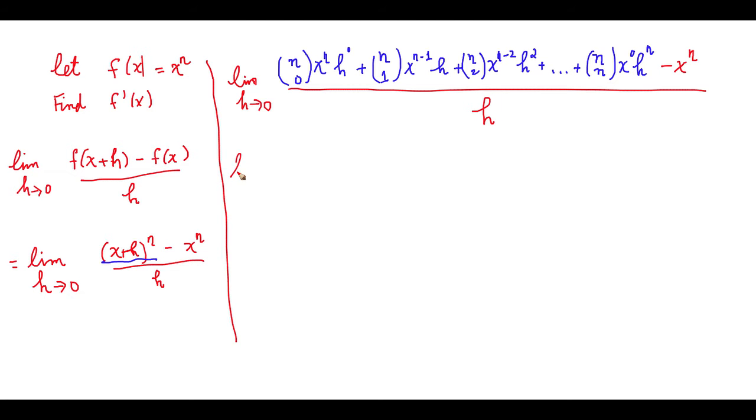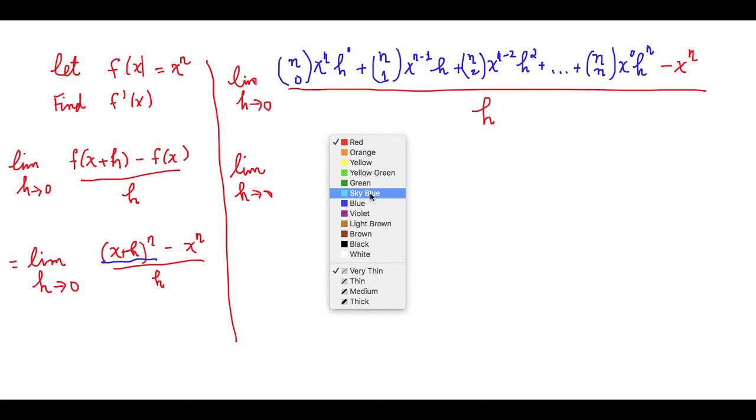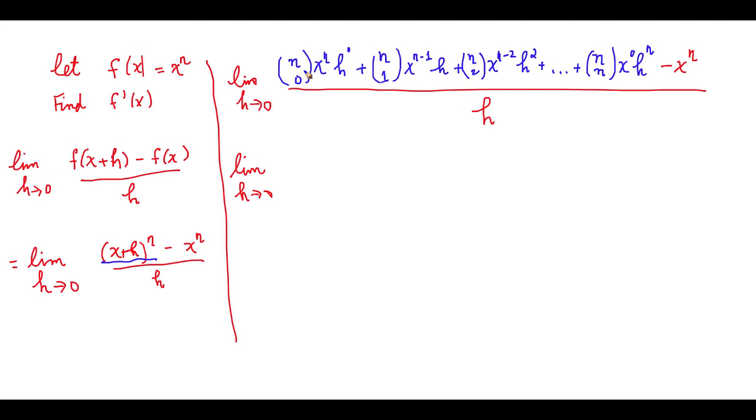Now, let me just continue and expand and simplify some things wherever I can. So all of this stuff here, n choose 0 is just 1, x to the n is x to the n, h to the 0 is just 1, plus n choose 1 is just n. This is x to the n minus 1 times h, plus n choose 2.